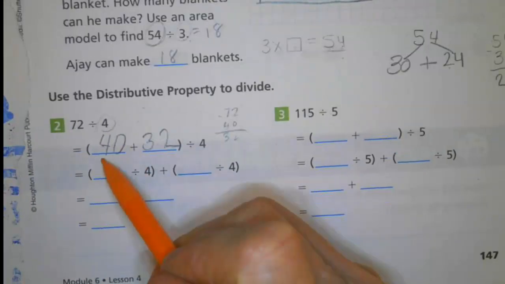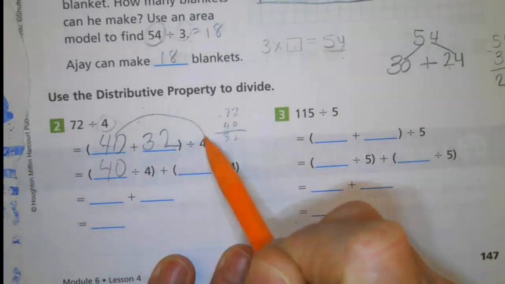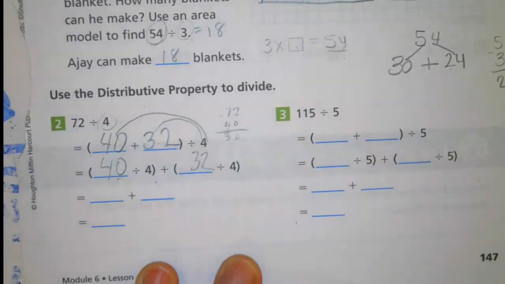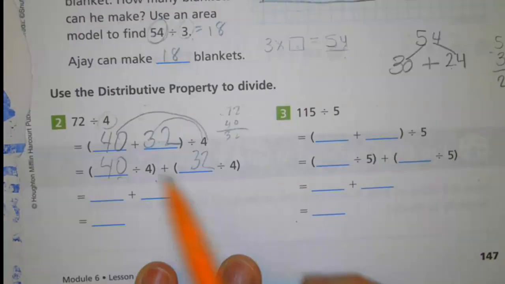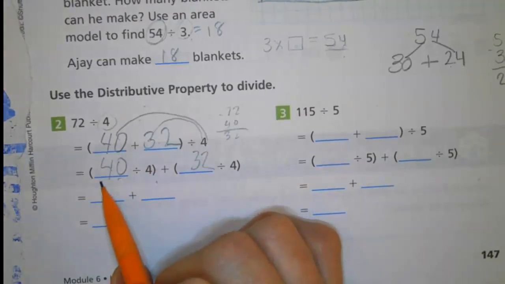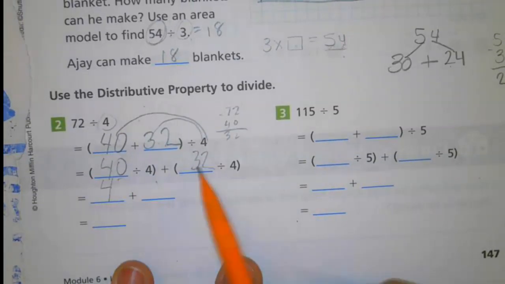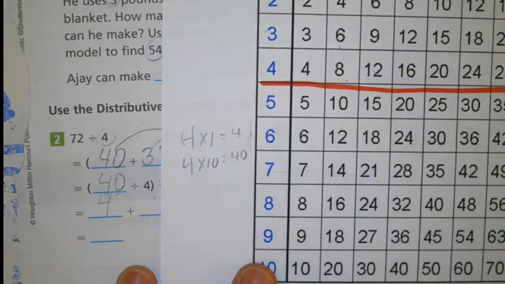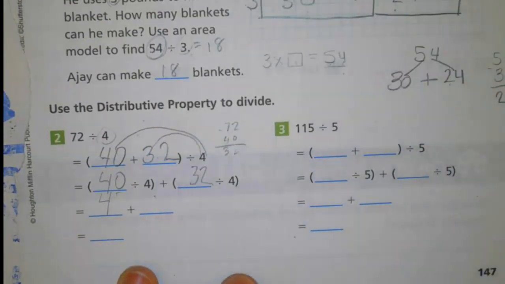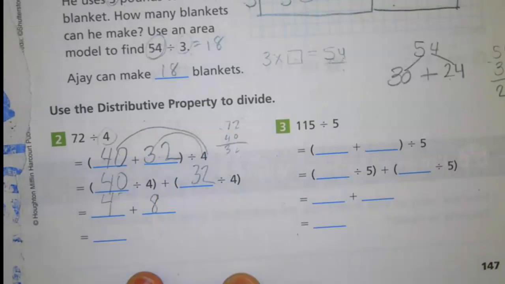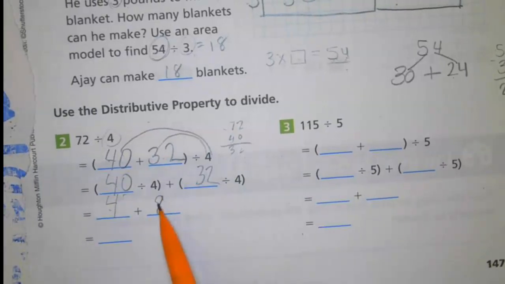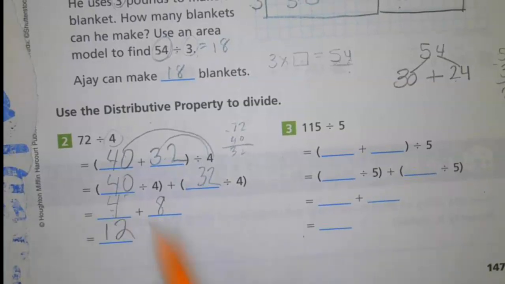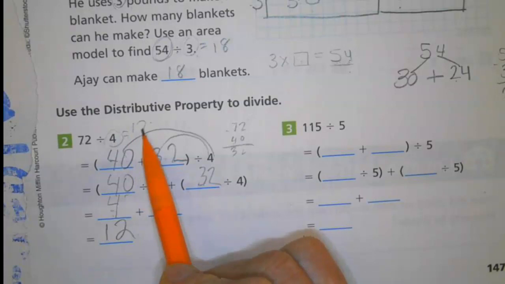So I'm going to have to do 40 divided by 4, and then 32 divided by 4. 40 divided by 4, easy, is 10. 32 divided by 4 is going to be 8. And then I add these two, 10 plus 8 is 18. So what does that tell me? 72 divided by 4 is 18.